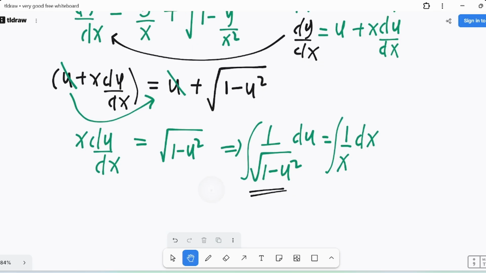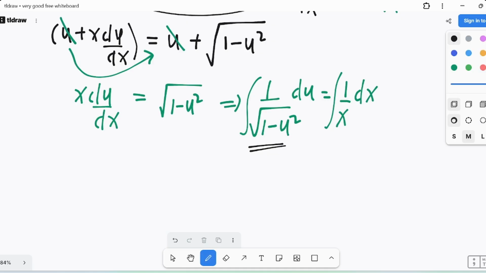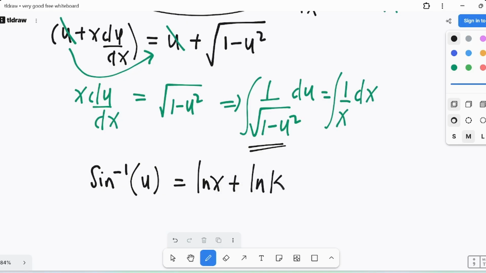So this is the same as sine inverse of u is equal to actually ln x plus ln k. K is a constant of integration.